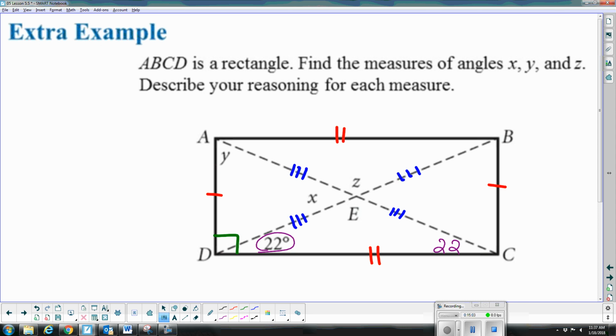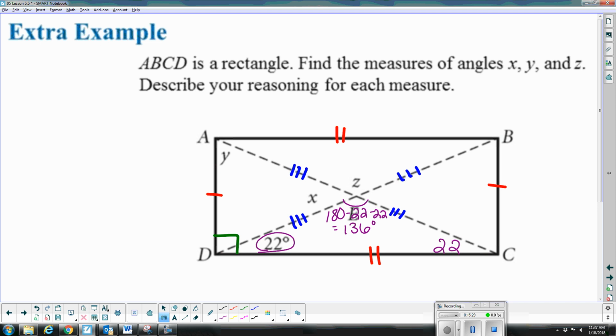Now we can use the triangle sum conjecture, and we know that the vertex angle at E is going to be 180 minus 22 minus 22. So that's 180 minus 44, which gives us 136 degrees.